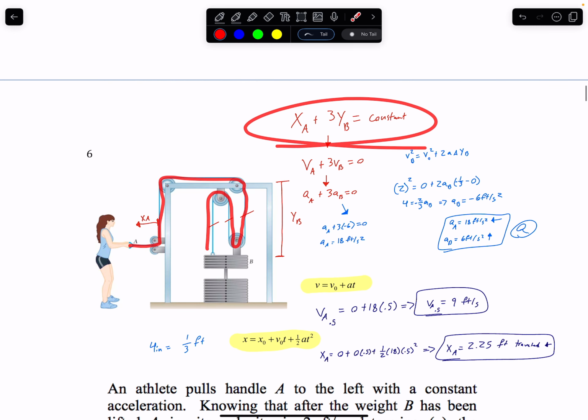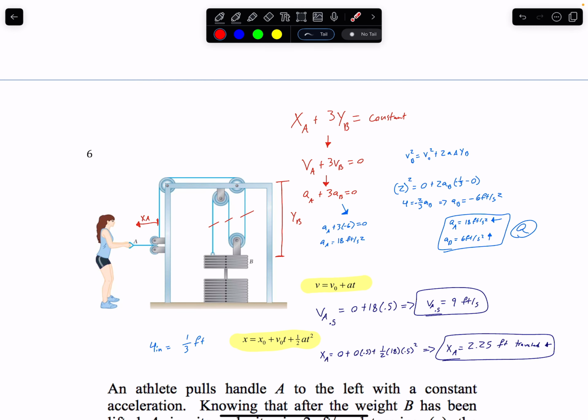So over here XA is pretty much how far the rope has gone that way, and then YB is the distance away from the top, or how much rope is out from the top. We know that total always has to be constant. Whatever is pulled here, this stays constant.